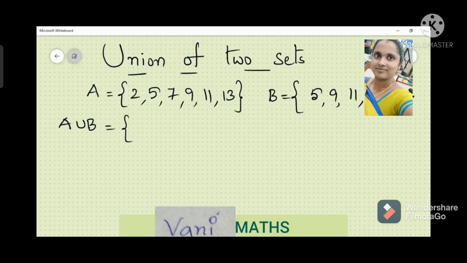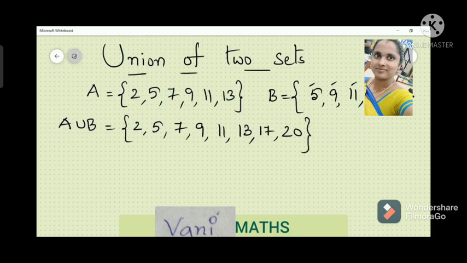So now I'm writing directly 2, 5, 7, 9, 11, 13. Here we have 5, we already wrote this. 9, we already wrote this. 11, we already wrote this. 17, not there, we have not written, so I'm writing. And 20.